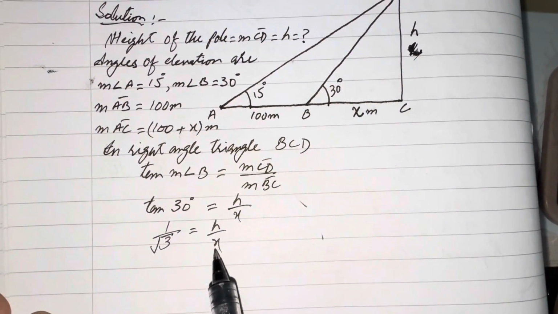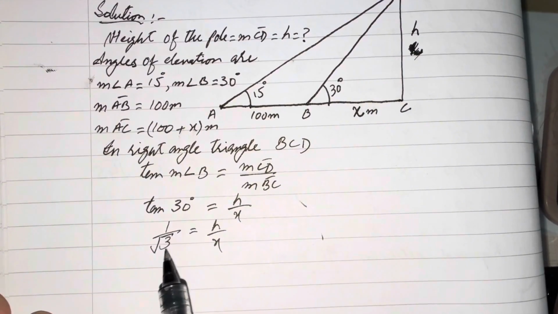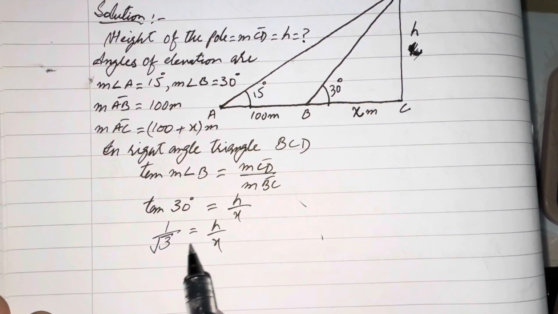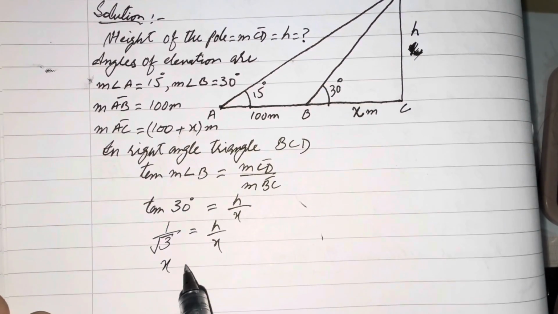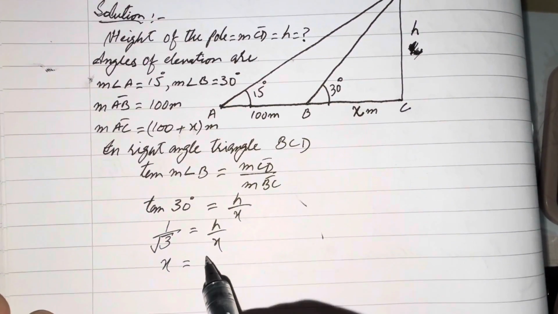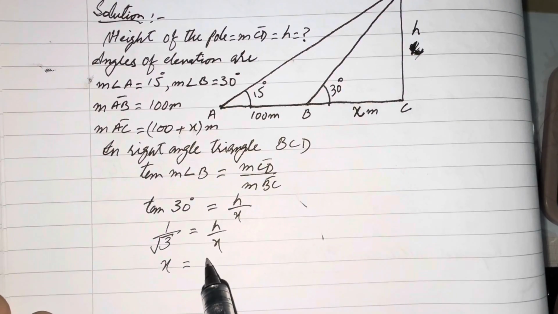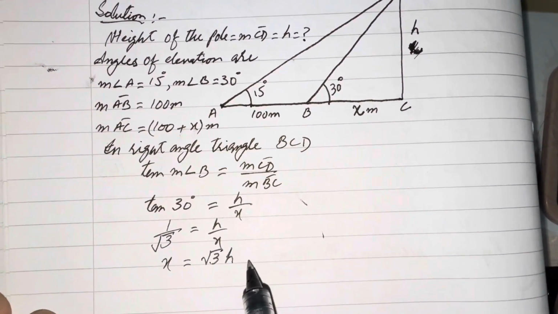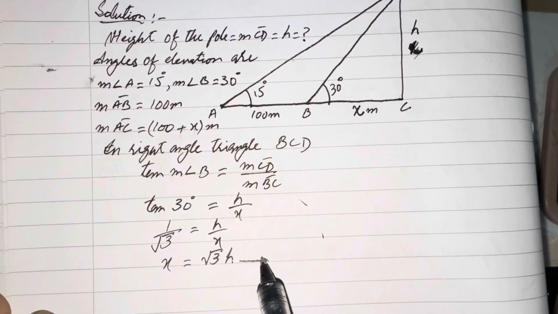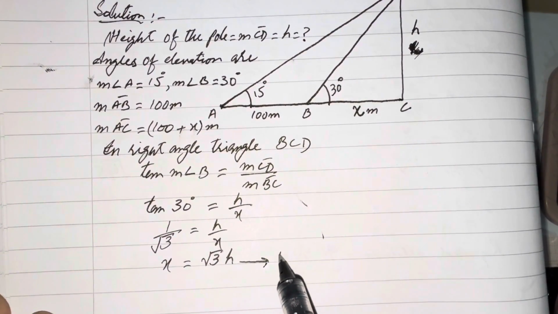By cross multiplication, x is equal to root 3 h. We can call this equation number 1.